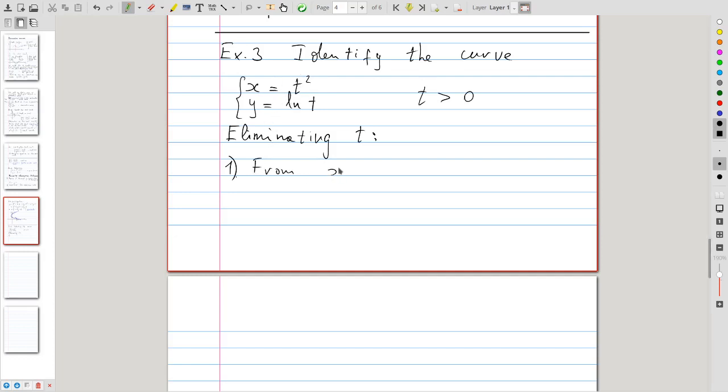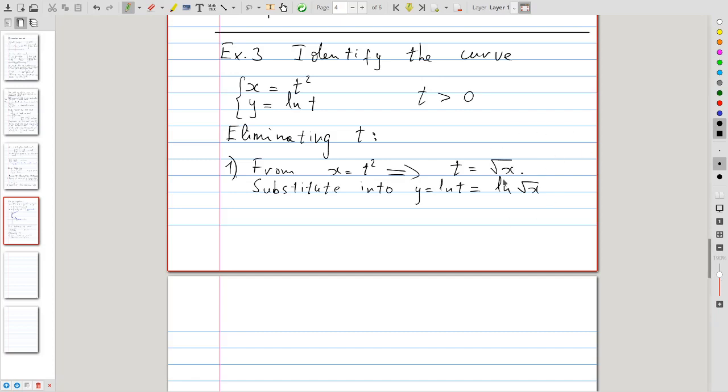So from x being equal to t squared, we have that t is equal to square root of x. And substituting into the second equation, we have y equals the log of square root of x.